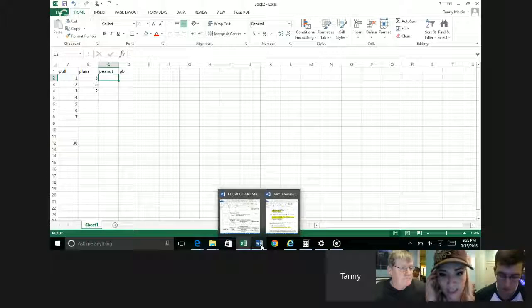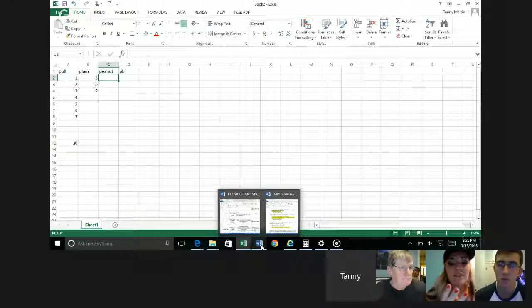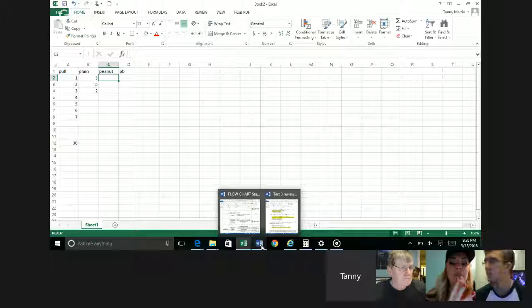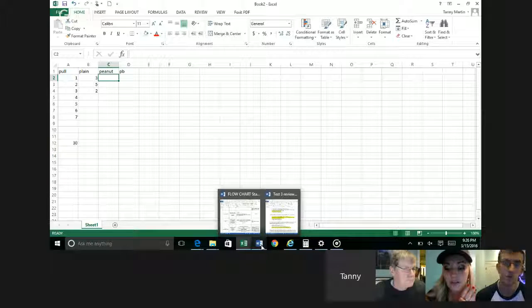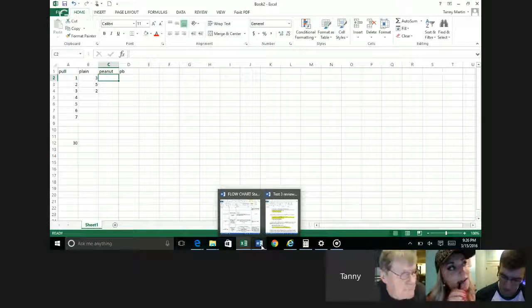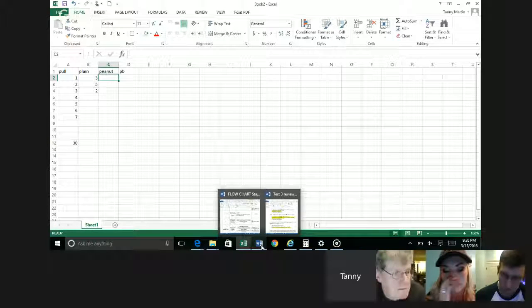So each of us pulls 30 from the plain, 30 from the peanut, 30 from the peanut butter, and that would give us four different people, four different sets of data. But still, that doesn't give us a large number. 30 is a large number. Okay, so when we push it down to 10.